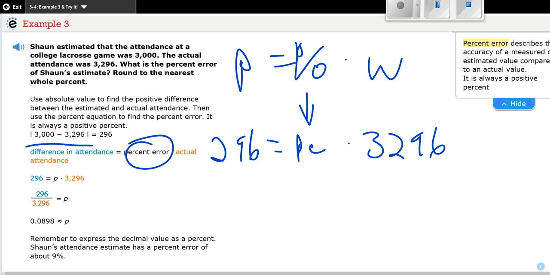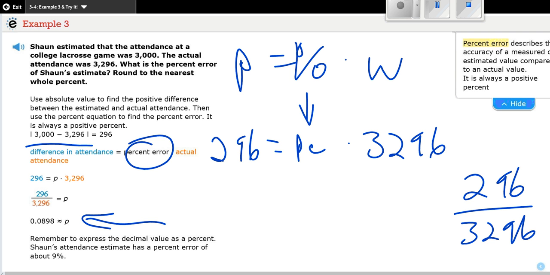Then it's all about setting up our division problem and solving it, which we see is approximately 0.898, and I believe that's a repeating decimal. That's why it says approximately, not for sure. After that, because we are estimating, we can round.